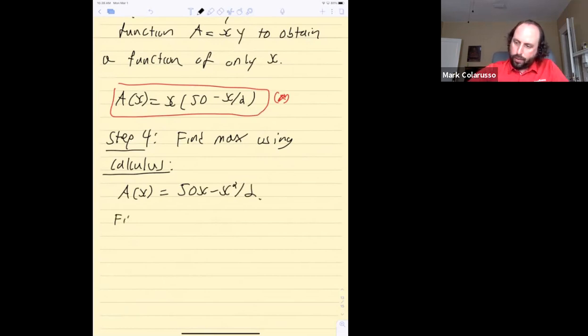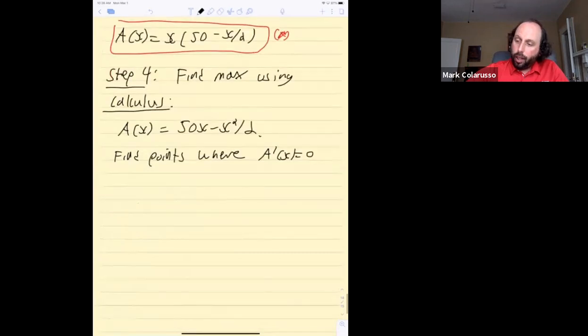So find points where A prime of x is equal to 0. So you get A prime of x equals 50 minus 2x over 2, which is 50 minus x, and solve.